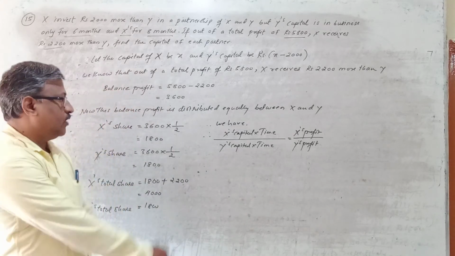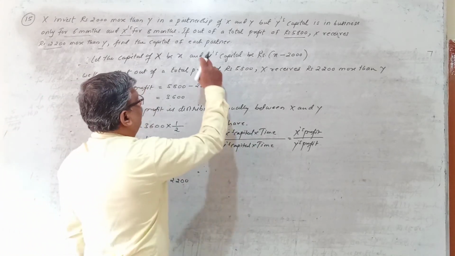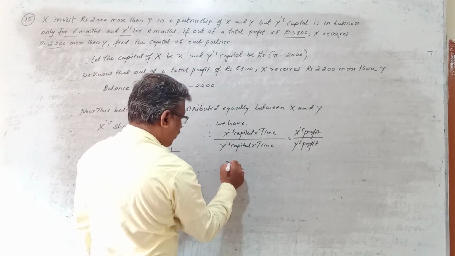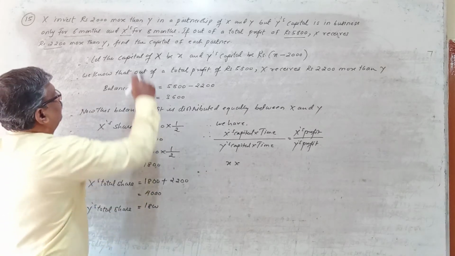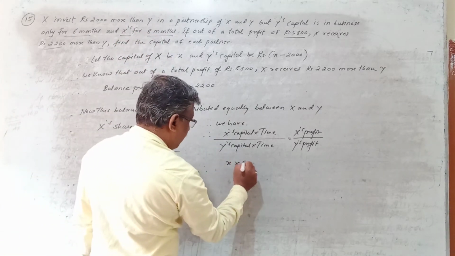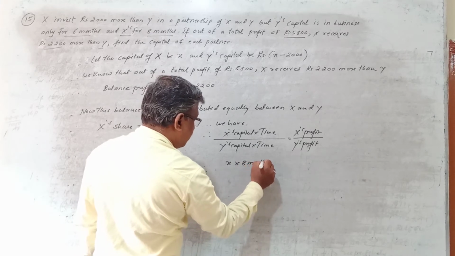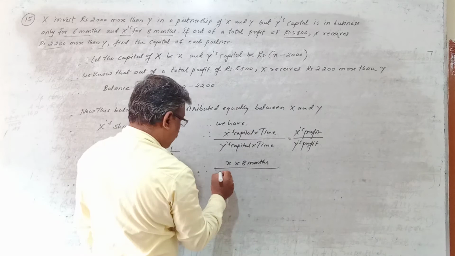Now you just substitute all these values in this one, right? So X's capital, we have assumed as x, small x, into his time. Means X's capital is invested for how many months? 8 months. So this you have to multiply with 8 months. This is divided by Y's capital, we have assumed as how much is it?